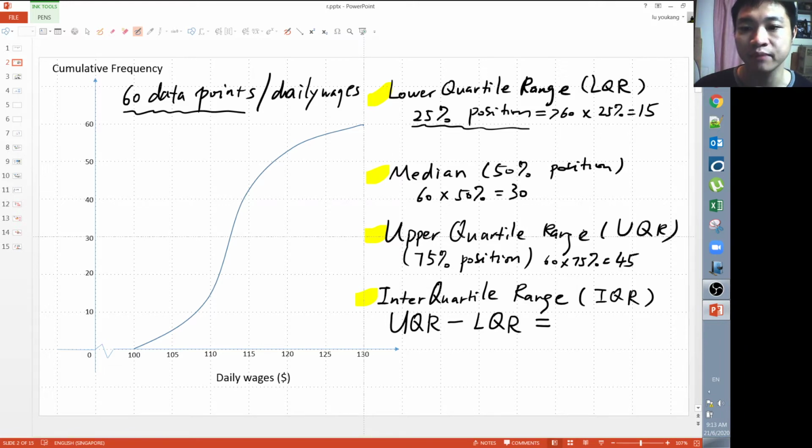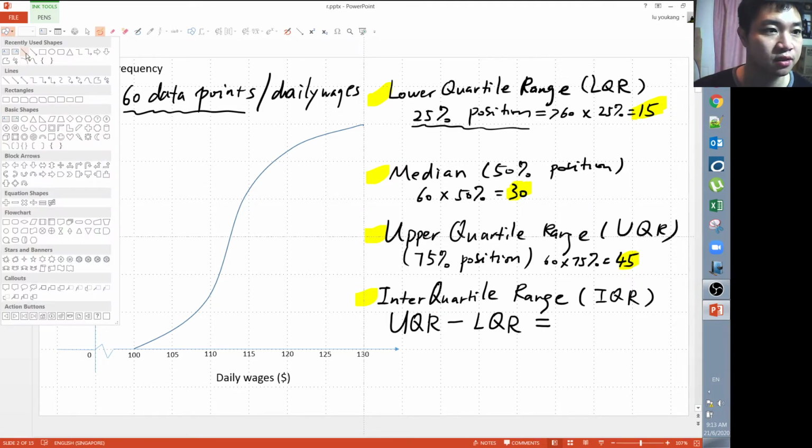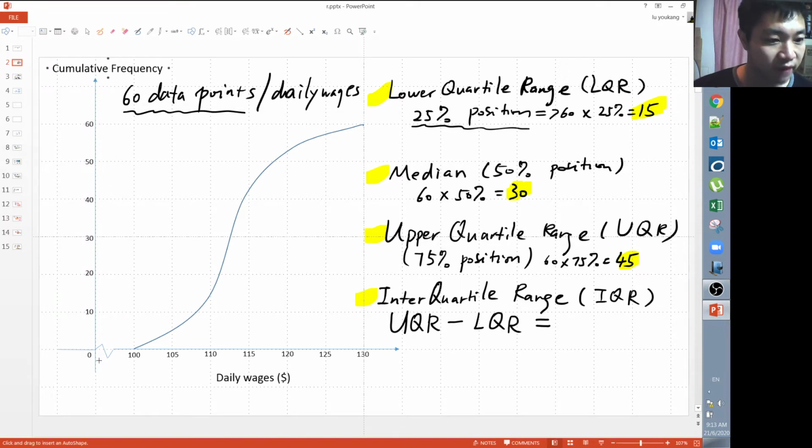Your job is to mark out your 25% position first. The 25% position is your 15. So let's go to 15 here: 10, 11, 12, 13, 14, 15.